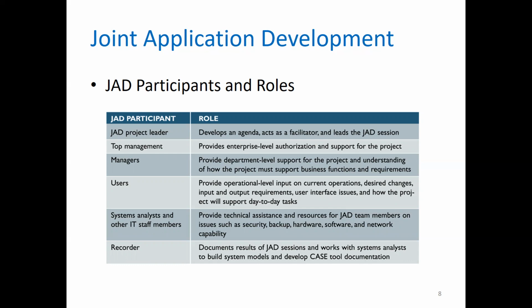Managers provide department-level support for the project and an understanding of how the project must support the business functions and requirements. Users provide operational-level input on current operations, desired changes, input and output requirements, user interface issues, and how the project will support day-to-day tasks.